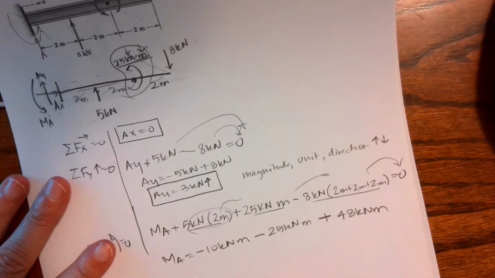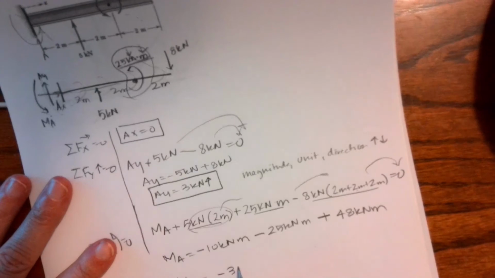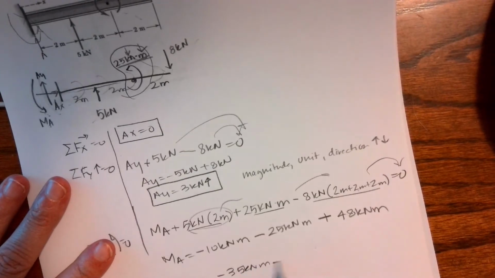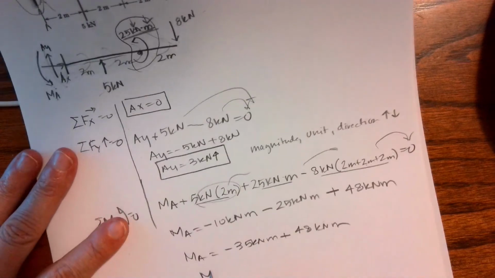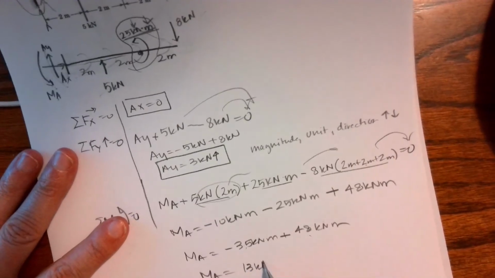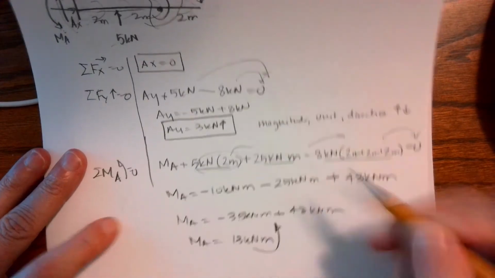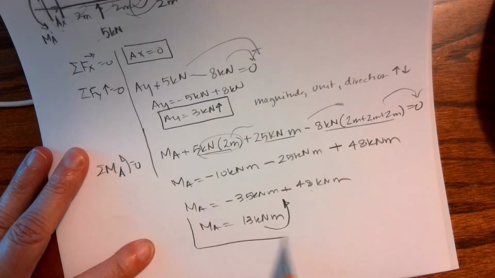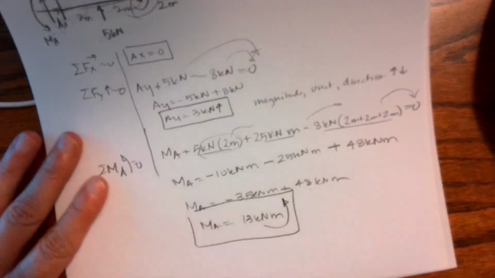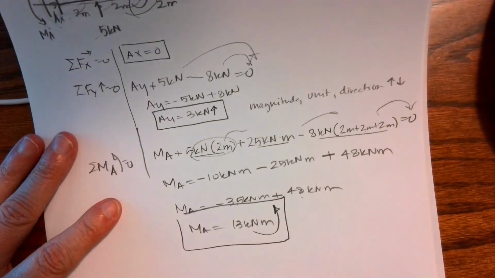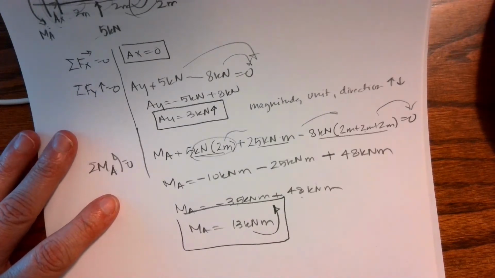So my moment at A equals negative 35 kilonewton meters plus 48 kilonewton meters. So my moment at A equals 13 kilonewton meters. I got a positive value, so my assumption of positive reactive moment was correct. So that would be my solution to the moment.